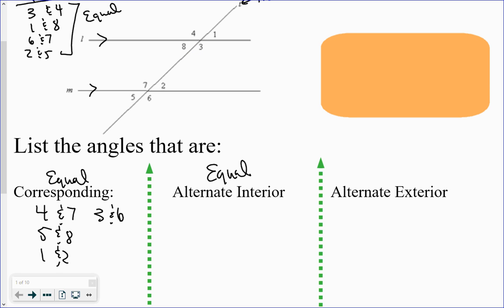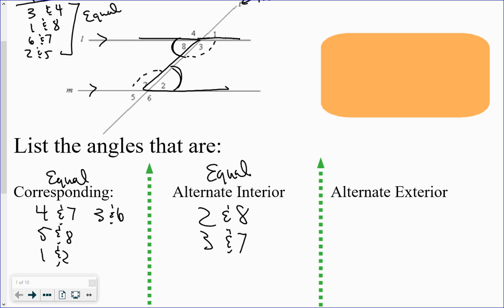Whereas alternate interior, we want one of them on the left and one of them on the right. So 8 and 2 are alternate interior, and 3 and 7 are alternate interior. Now, sometimes alternate interior angles are called the Z angles because if we create a Z, then we've got the 2 angles here. Same way here.